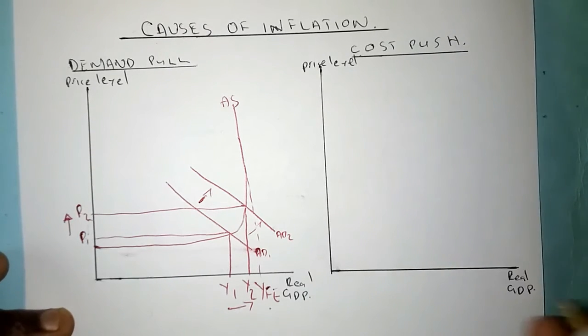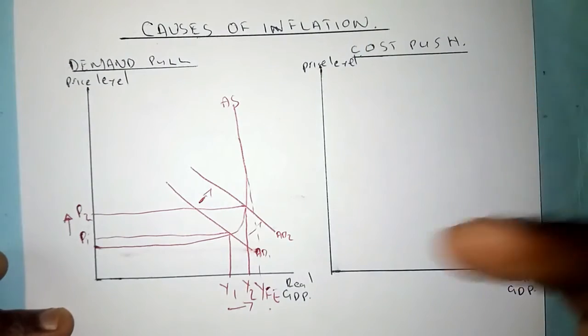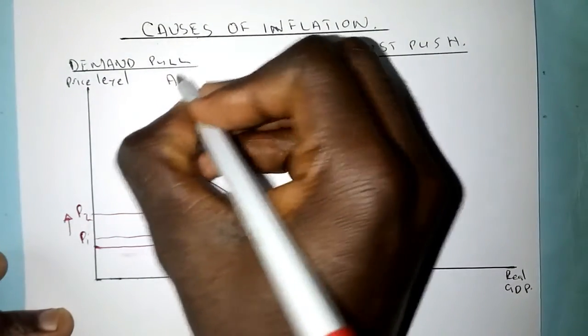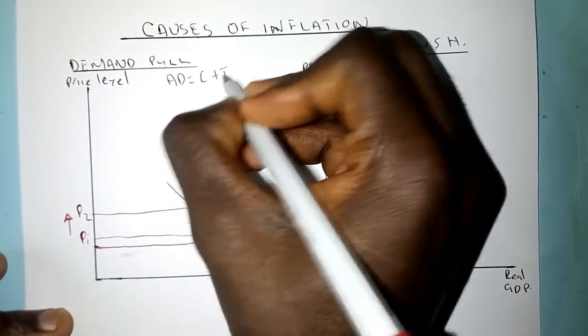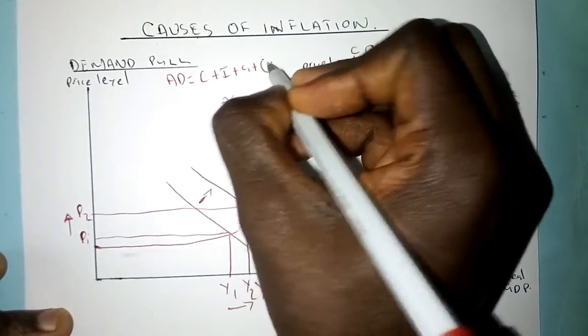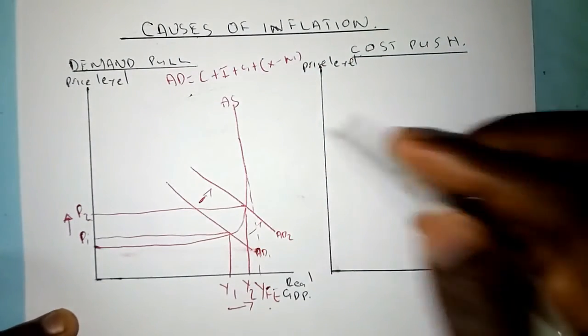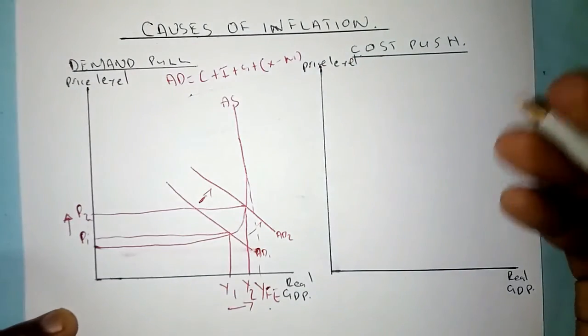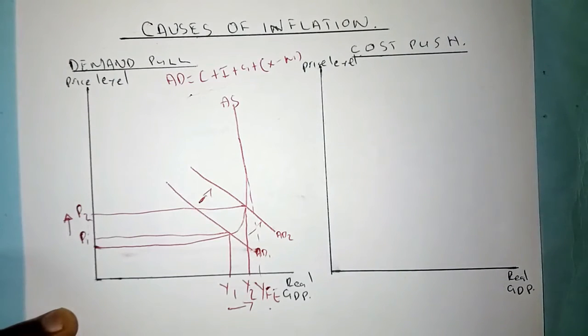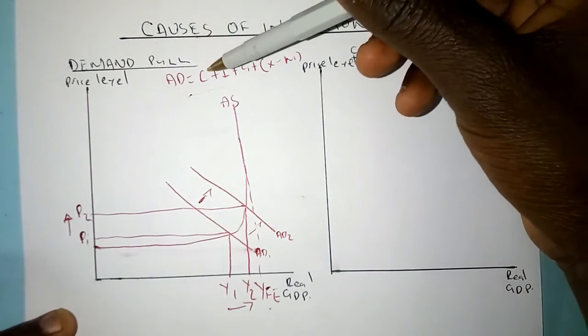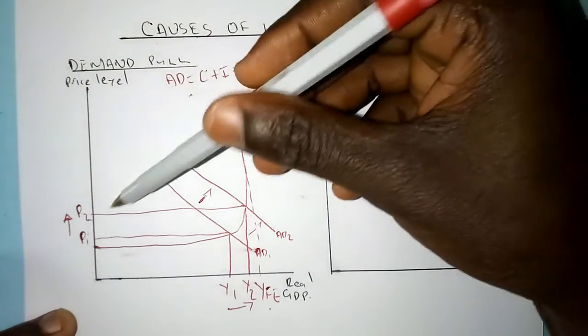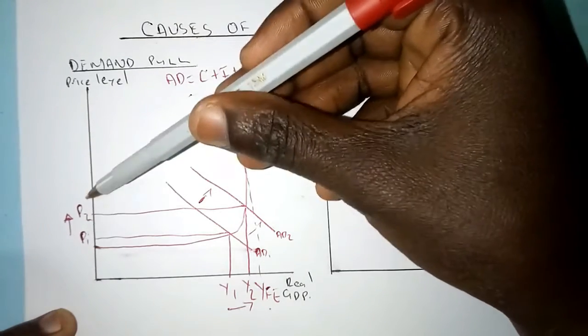Another thing is what may cause aggregate demand to shift to the right. We talk about the aggregate demand equation, C plus I plus G plus X minus M, whereby we talk about an increase in consumption. Maybe there might be a fall in income tax that causes an increase in consumption, which will increase aggregate demand, which increases demand pull inflationary pressure from P1 to P2.